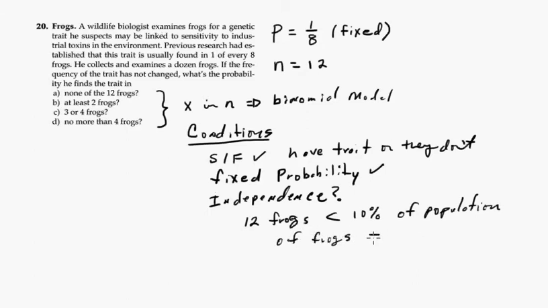So the 10% rule is satisfied, and that helps us satisfy the independence condition. Now we can move forward with a binomial model.